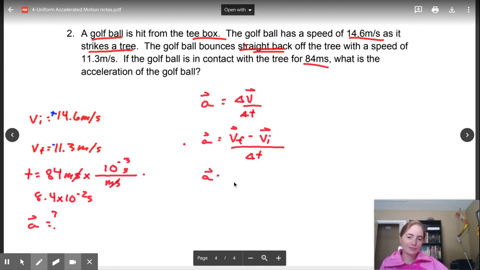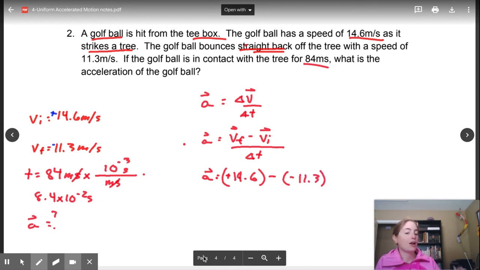Okay, so ladies and gentlemen, do I need to rearrange this equation? No, I don't. Awesome. Life is going to be a bit easier. So VF is our positive 14.6 minus your negative 11.3.